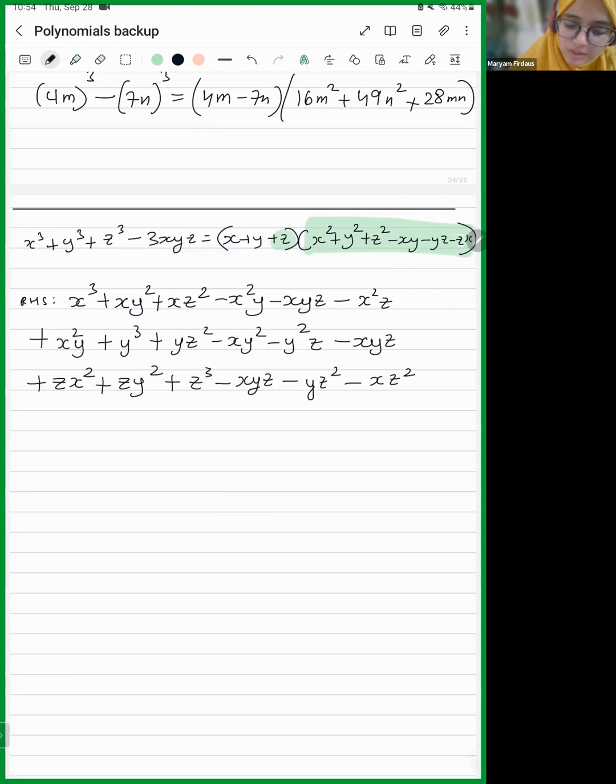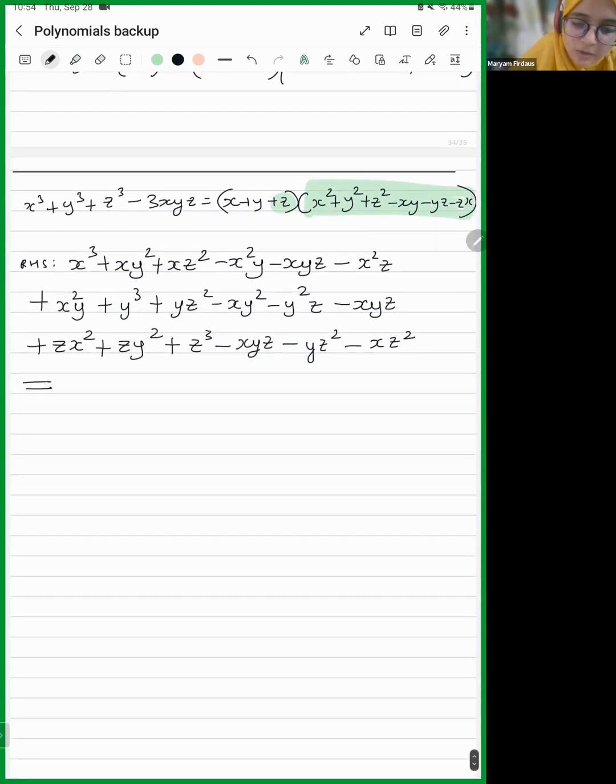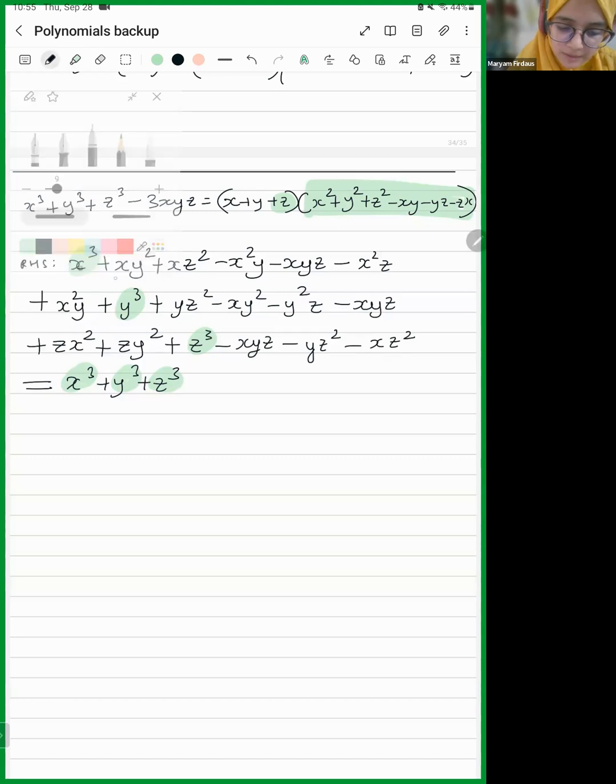So now just look, this is equal to x cube plus y cube plus z cube. Is that okay? Now look very carefully at this. You have plus xy square over here and minus xy square over here.